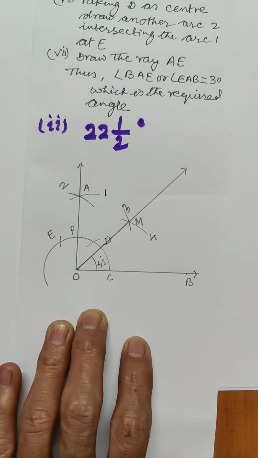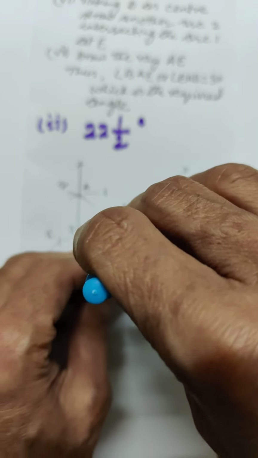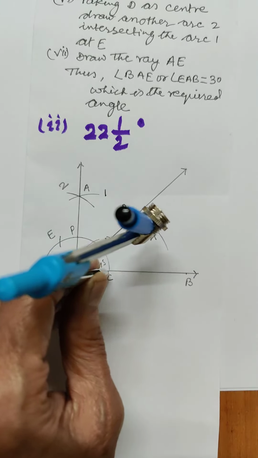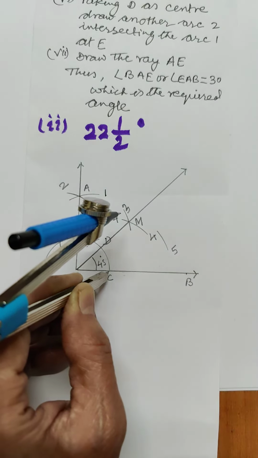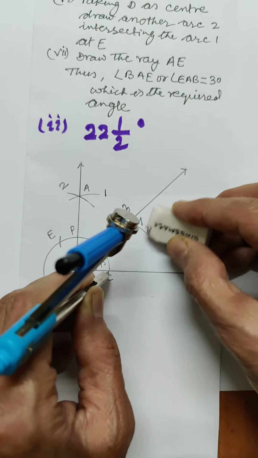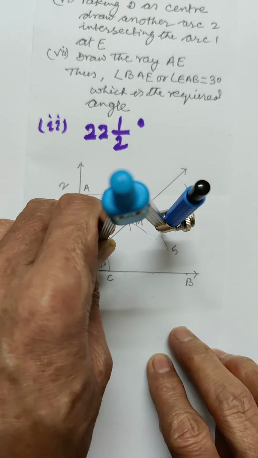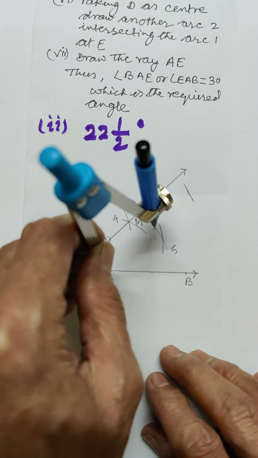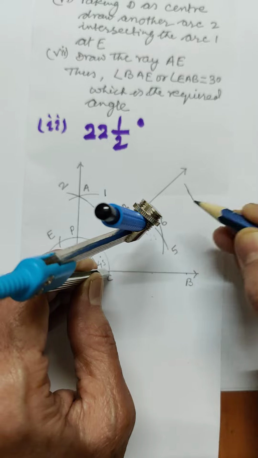Now we shall bisect the angle of 45 degree. Taking C as a center again and a distance more than half of CD, draw an arc, say it is 5, and taking D as a center, draw another arc intersecting the previous one, arc number 5 and 6.